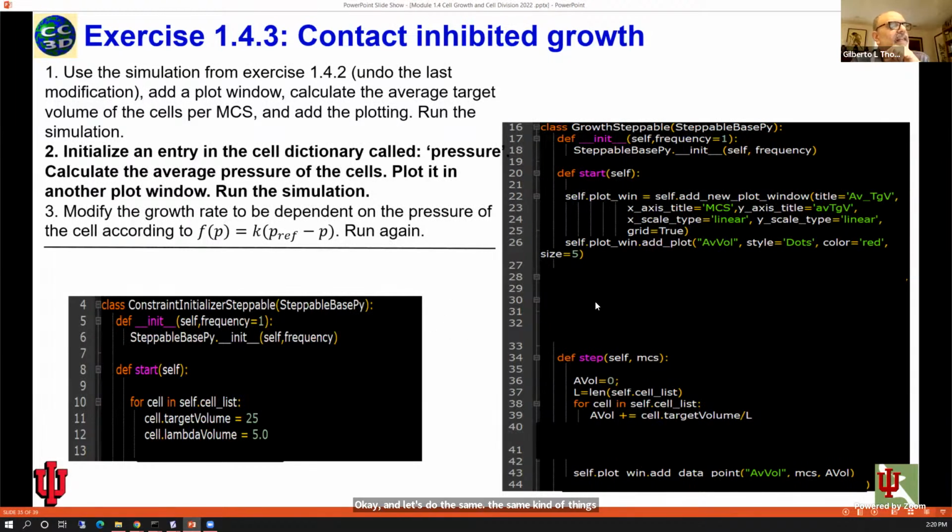I mean, let's create a new plot window to see the average pressure in the cells. Okay, we have to create a new window, a new plot window, a new line here to calculate the pressure, and to add another line to plot the pressure in this new window we created above.